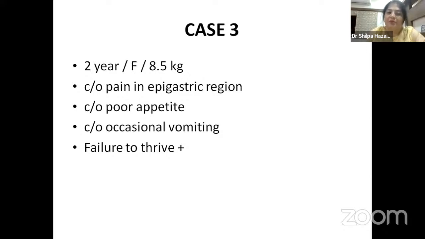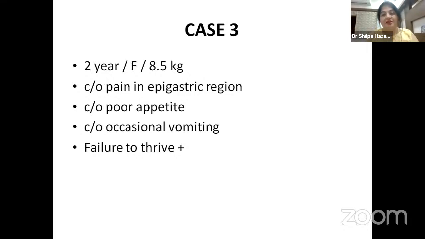She complained of pain in the epigastric region, significantly poor appetite, and occasional vomiting episodes. This child did not have significant respiratory complaints, but the mother always complained that she gets cough, and she used to go to some nearby pediatricians and take medications for 4-5 days and be all right.